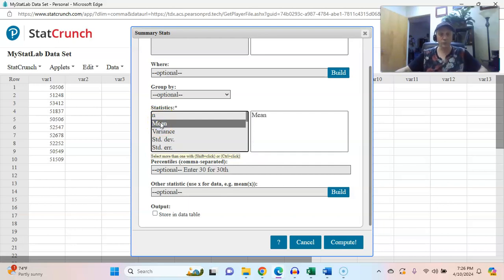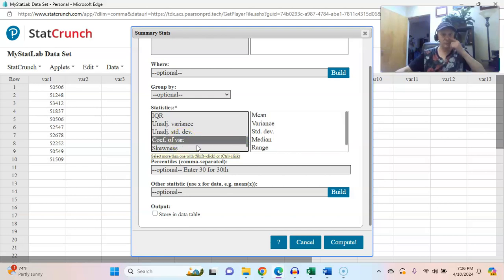I'm going to highlight the ones that we're going to use this week. To select more than one, you press Control on your keyboard while you're left clicking. Mean, variance, standard deviation. We won't need standard error this week. Median, range. I'm going to skip over min and max. Quartiles, we'll do those later. Sum, IQR, we'll do that later. And coefficient of variation. Okay, so I'm going to select all of those.